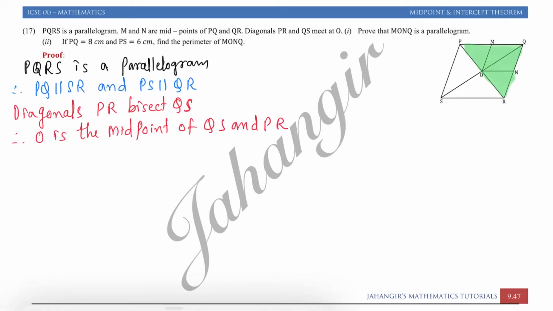In which O is the midpoint of PR, N is the midpoint of QR.